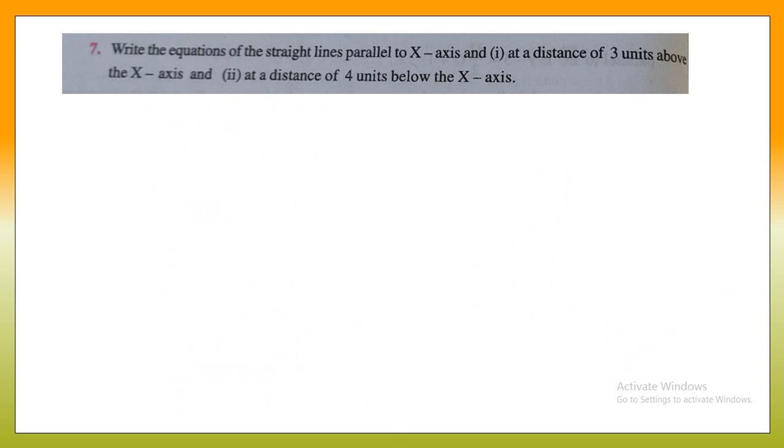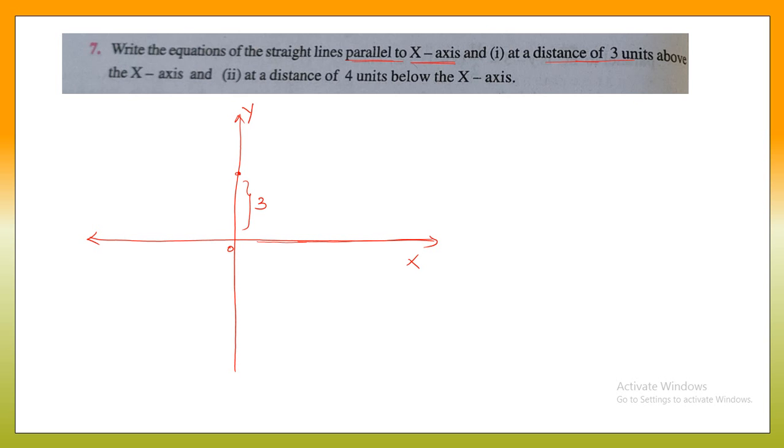First we are going to draw the coordinate axes: this is the x-axis, this is my y-axis and this is my origin, right? We know this is the x-axis, and we are asked to write the line equations parallel to the x-axis at a distance of 3 units above it. So above the x-axis I need to consider 3 units.